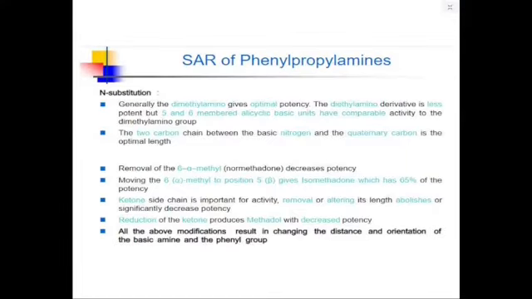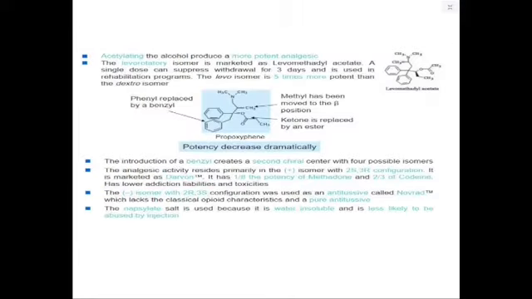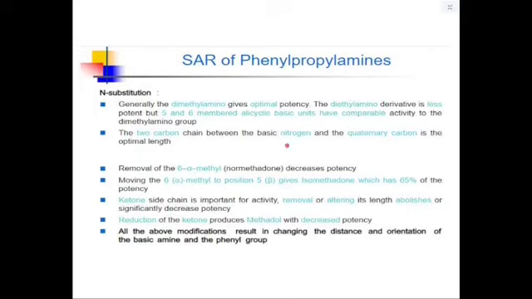But we are saying the optimal group is the dimethyl amino group, with maximum optimum potency. The diethyl amino, where you have an ethyl group and amino group, is less potent. 5 and 6 membered alicyclic basic units have comparable activity to the dimethyl amino group. The 5 to 6 membered alicyclic is where we talked about the piperidine ring, and we talked about the morpholine ring.